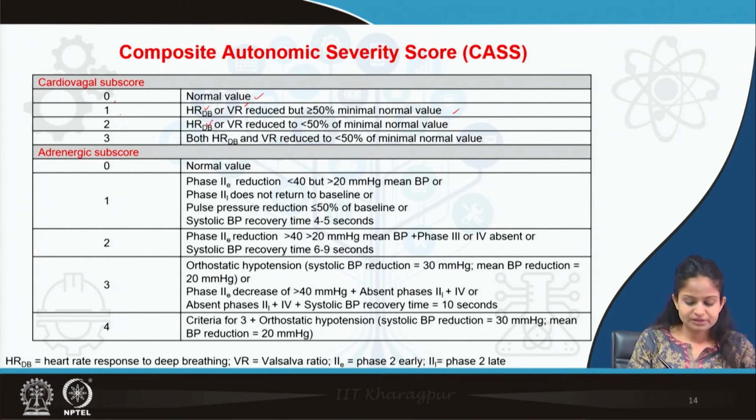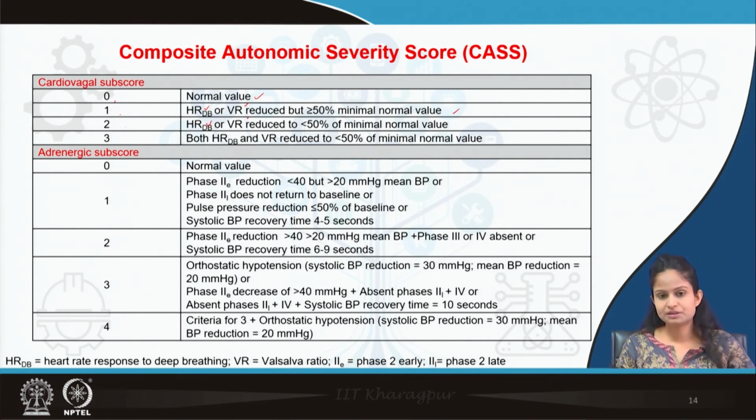If the deep breathing heart rate or the Valsalva ratio is reduced to less than 50%, then it is 2, and when both are reduced to less than 50% of the minimum normal value, it is considered 3 points. Similarly, for the adrenergic score, 0 is the normal value, and 1 depends on the early phase 2 reduction, then the late phase 2 if it does not return to baseline, the pulse pressure reduction and the systolic blood pressure recovery.